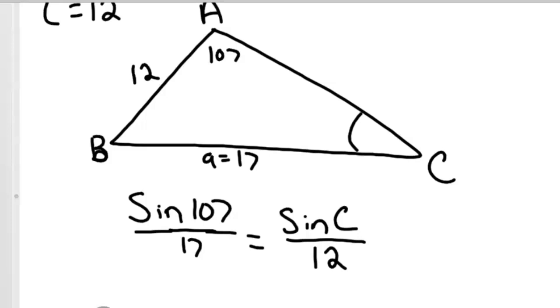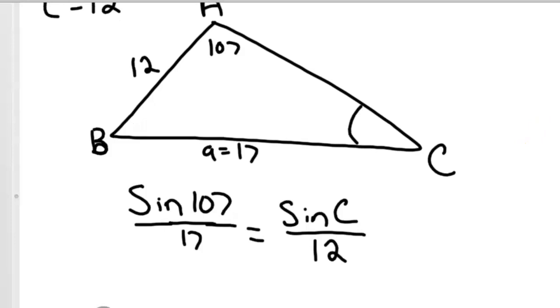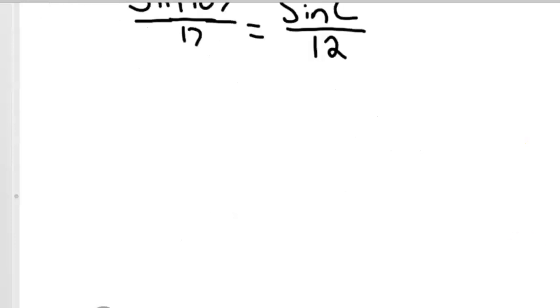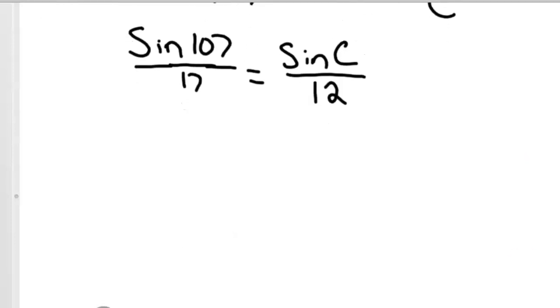Okay, so again, do not get your calculator out. We're going to solve that thing so that we don't end up with huge rounding errors. We need a common denominator, so this side needs a 12, so we're going to multiply by 12 over 12.